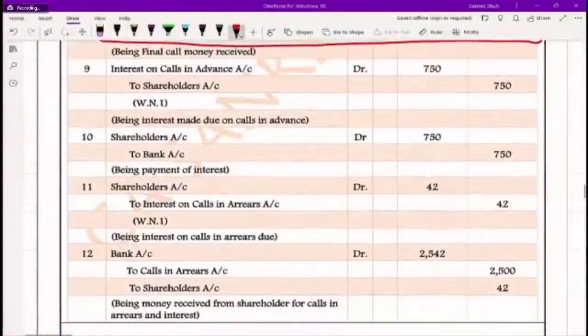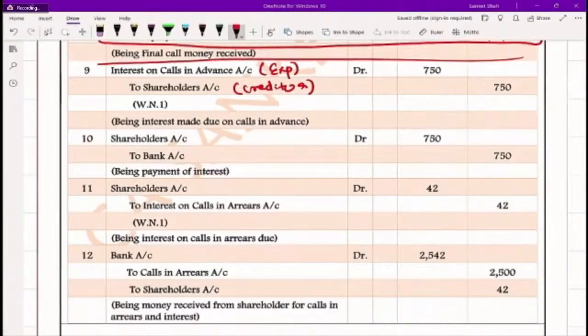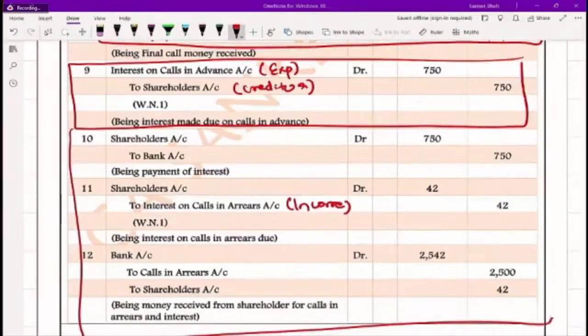And then interest on calls in advance is expenditure, to shareholder is my creditor. Write down this entry by red pen. The 9th one also red pen. Shareholder to bank. Then this is income. And all these entries by red pen, beta. All these entries are red pen entries: 9, 10, 11, 12, because we are doing it for the first time.